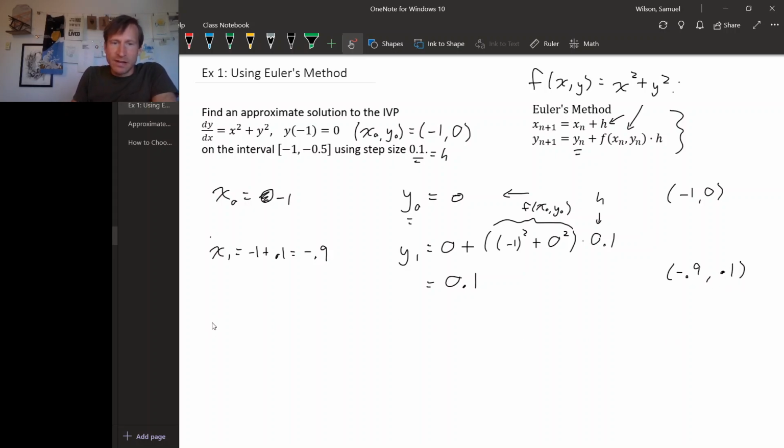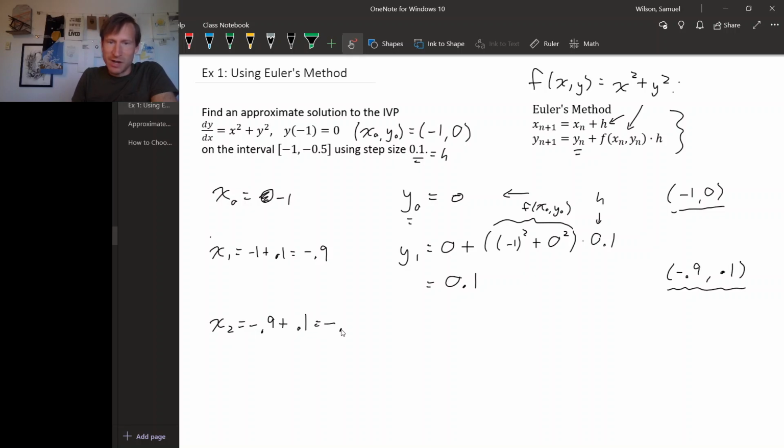Okay, now to find our next point, with x sub 2 and y sub 2, we do the whole thing again, but instead of using our initial point, we use the point we just got. So each round through Euler's method, you never go back to the original point. You always use the point that you just generated. So x sub 2 is x sub 1, which is minus 0.9, plus our step size, 0.1.